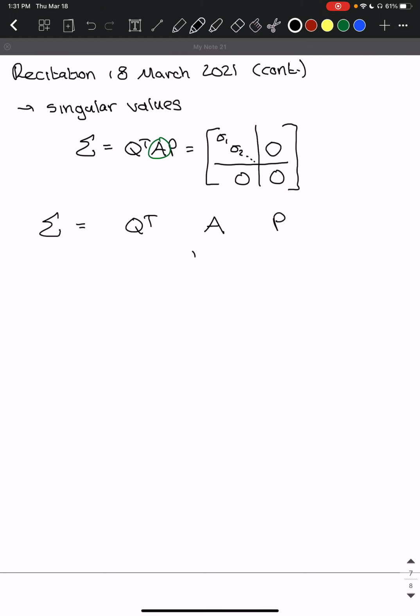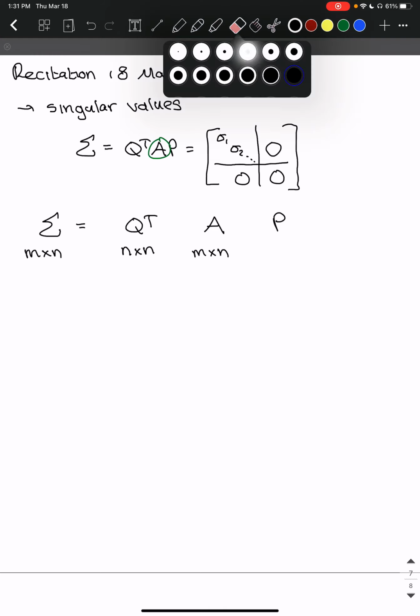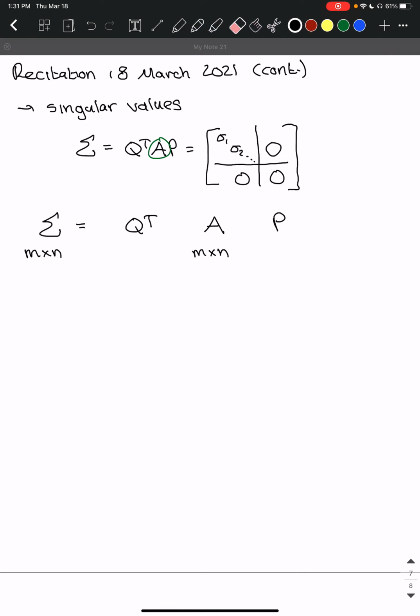A is going to be an M by N matrix in general. And to preserve that through linear transformations, we need sigma itself to be M by N as well. This tells us that Q has to be M by M and P has to be N by N.